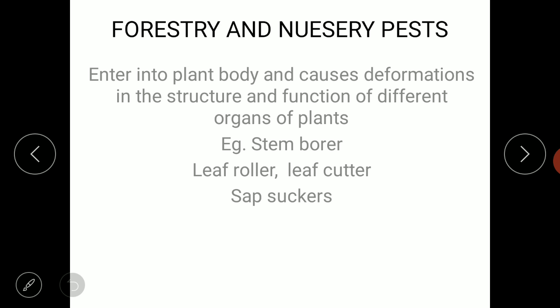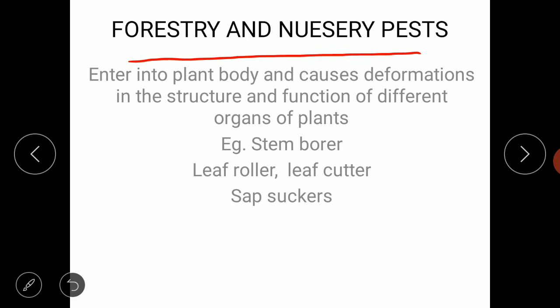So here, the forestry and nursery pests are the pests which enter into the plant body and cause deformation in the structure and function of different organs of the plants, and these plants may be from a forest or they may be nursery plants. There are different types of pests.